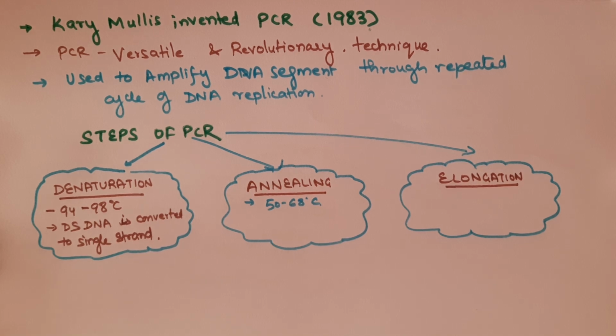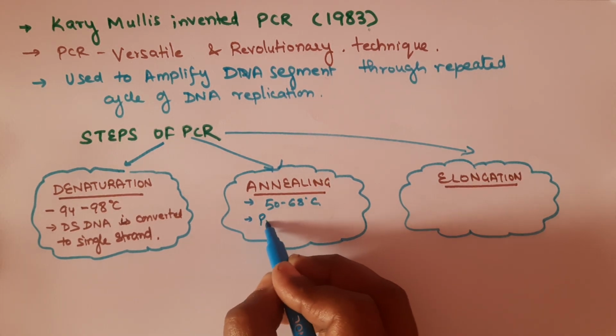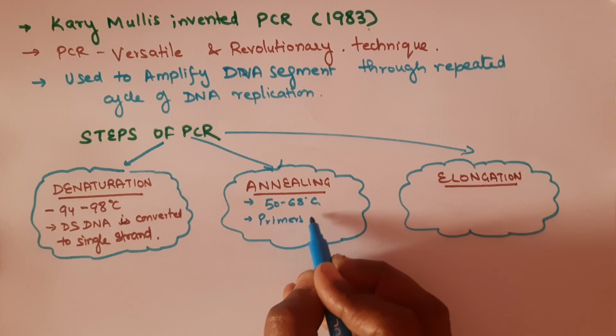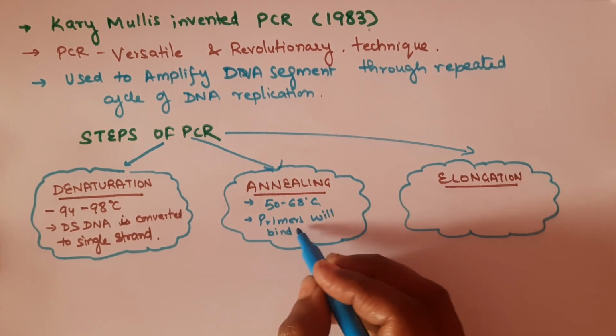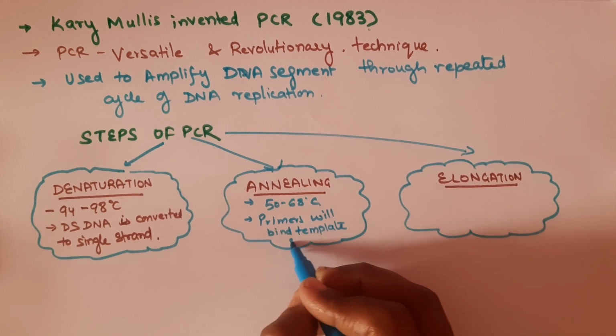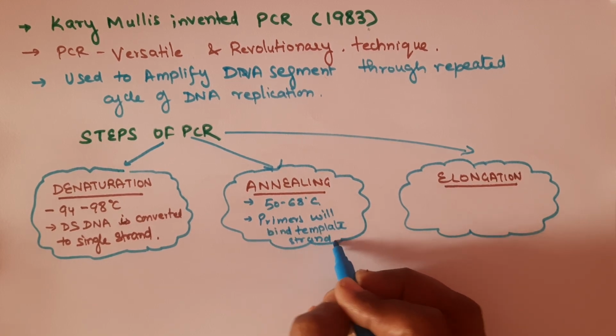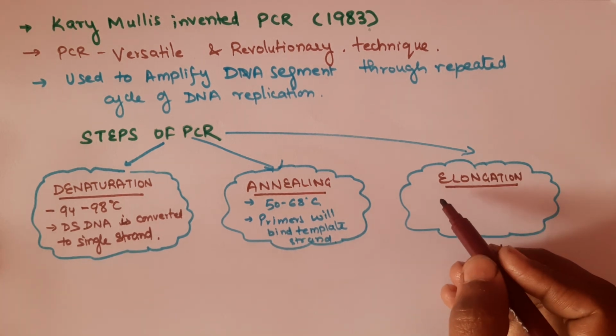They will bind to the complementary sequence on the template strand. We should always keep in mind that the primers are designed to flank the specific DNA region that has to be amplified.